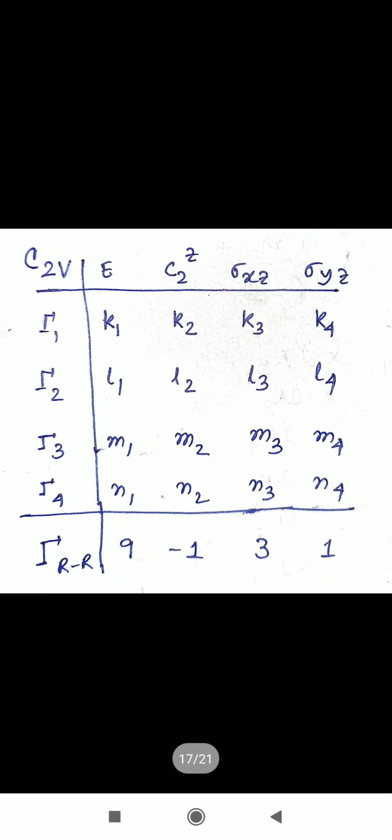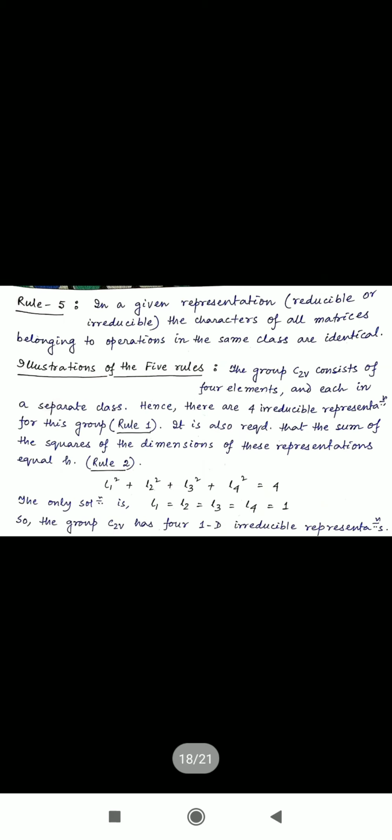if I apply the same symmetry operation and multiply these values and ultimately sum up, that means k1 into L1 plus k2 into L2 plus k3 into L3 plus k4 into L4, that should be equal to 0, or L1 into M1 plus L2 into M2 plus L3 into M3 plus L4 into M4, that should be equal to 0.